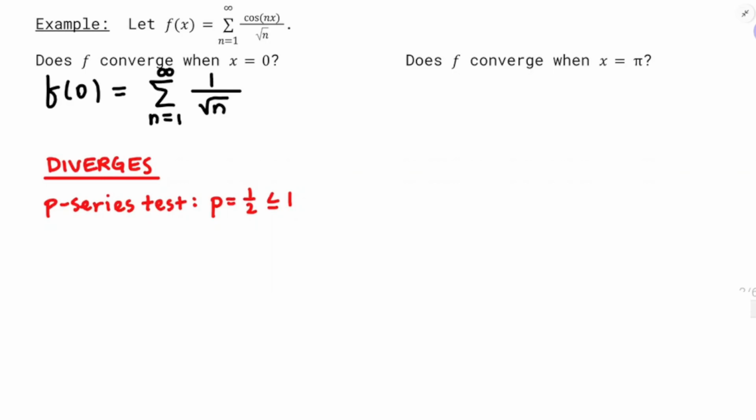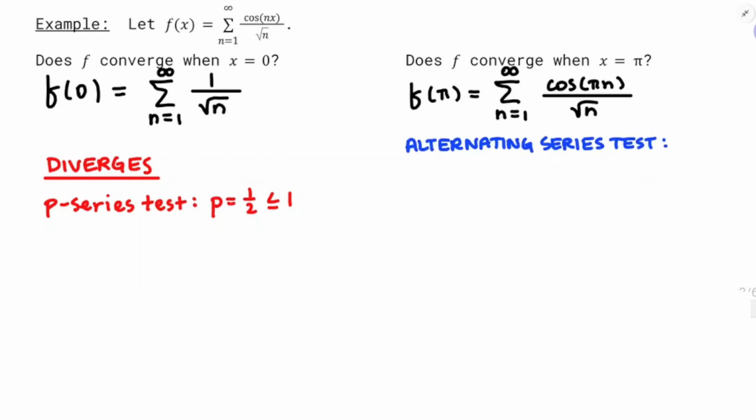Okay, and then as far as converges or diverges when x equals pi, well, we're just going to plug in pi and get what we got last time, sum from 1 to infinity of cosine of pi n over the square root of n. And this is an alternating series, so we need to run our new alternating series test. So the first question you ask yourself, is it alternating? Yes, it's got that cosine of pi n in there. Okay, are the terms decreasing in magnitude? Well, I'll just take the absolute value of the terms.